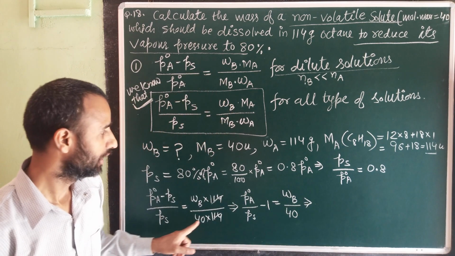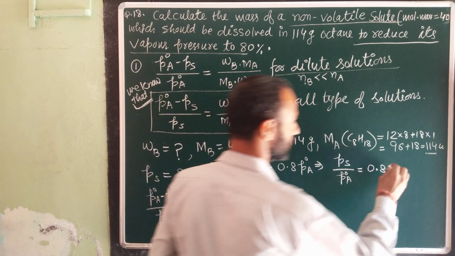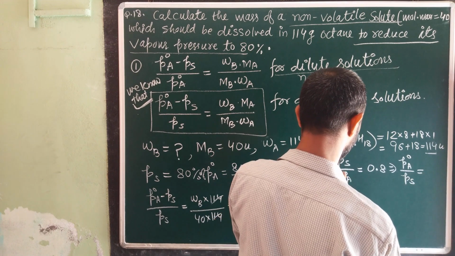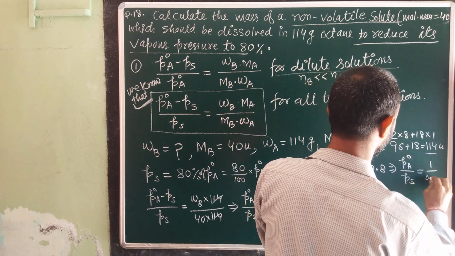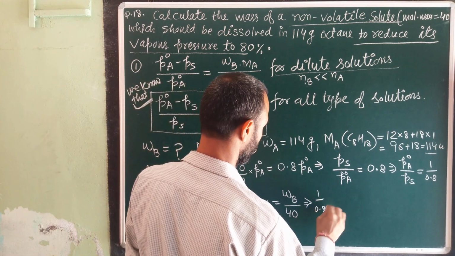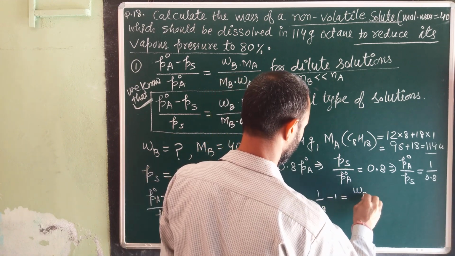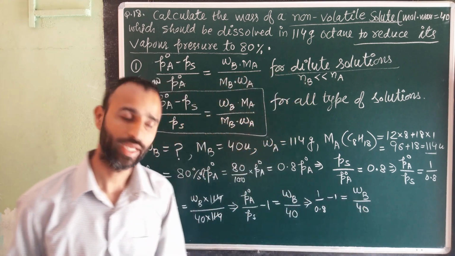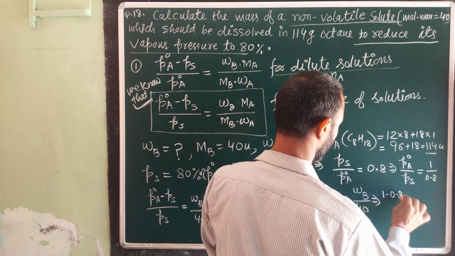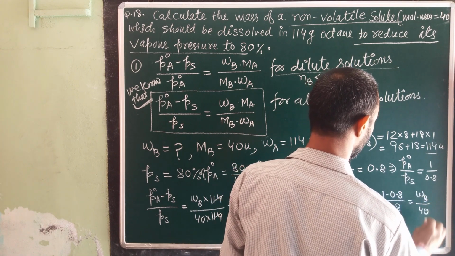P naught A over PS is equal to 1 upon 0.8. So it is 1 upon 0.8 minus 1 is equal to WB by 40. So it implies (1 minus 0.8) over 0.8 is equal to WB by 40.